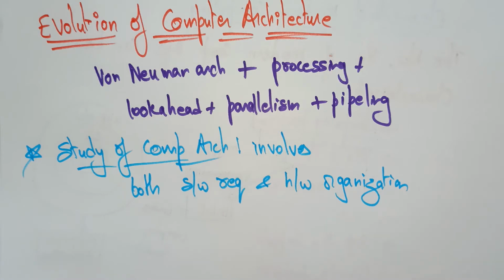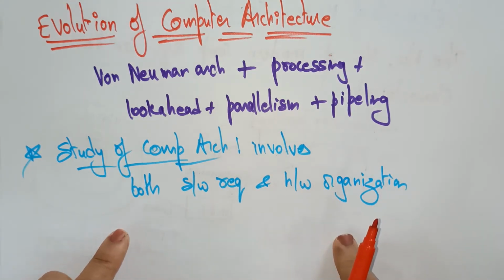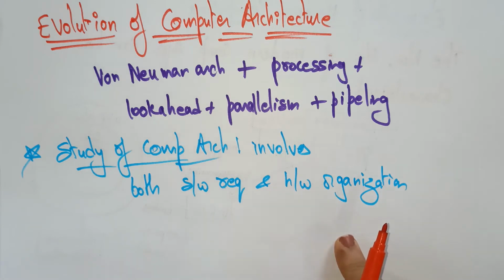Software requirement does not mean your C programs or Java programs. We are talking about the machine, the internal structure. Architecture means the internal structure, the internal communication of the system. You give the commands and how the system responds, that is what we study in computer architecture. So this architecture covers both.